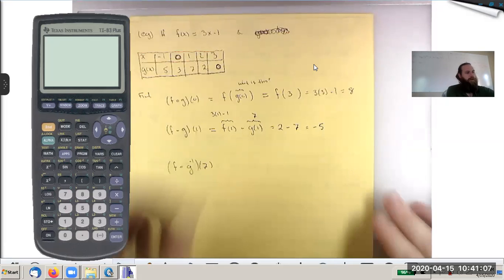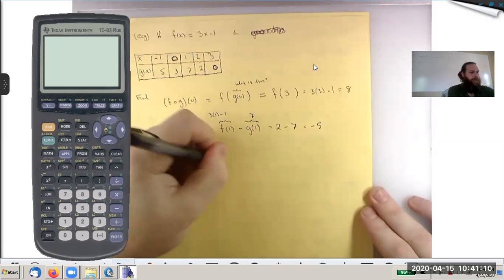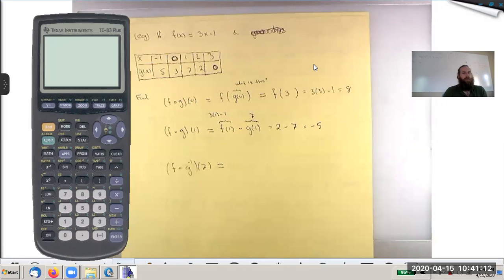Okay, then how about this last one? What is my get started step here? What is the definition of f of g inverse of 7?